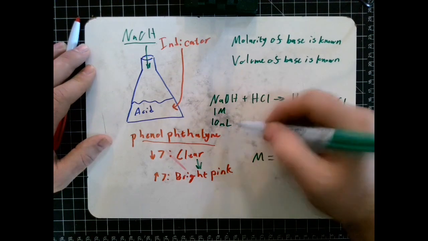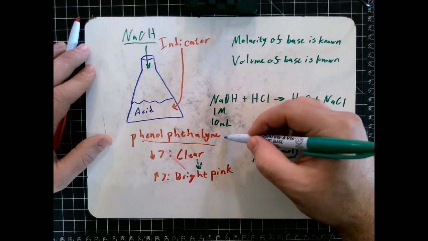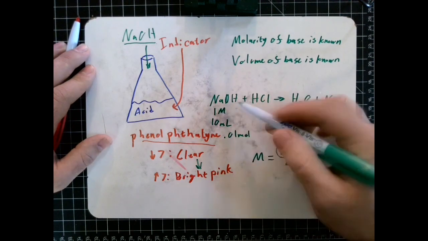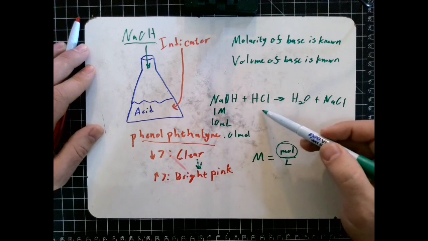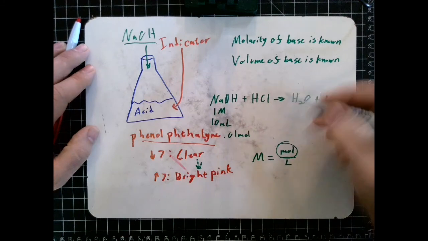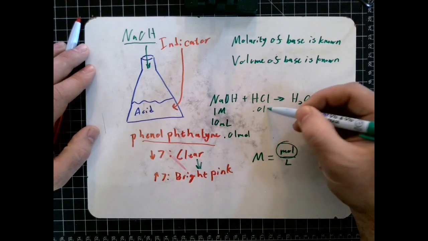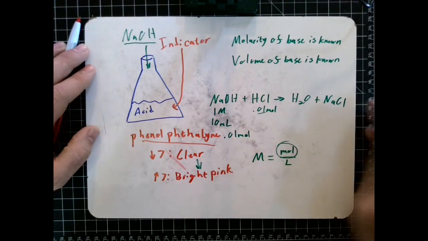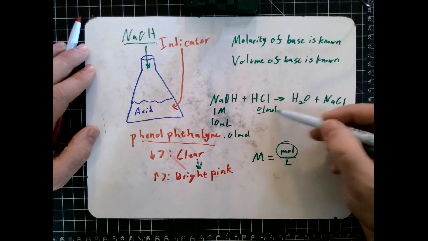So I've got 0.01 moles of NaOH to fully neutralize HCl. So this was also 0.01 moles of HCl, because it's a full neutralization reaction.